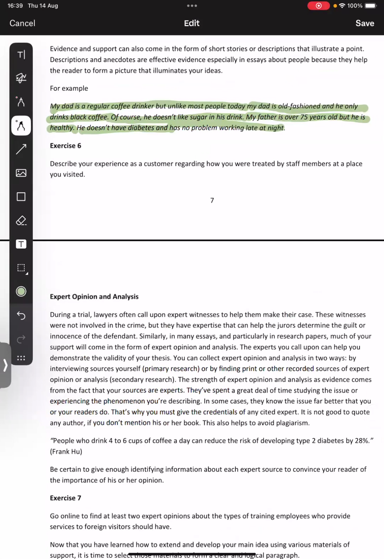Okay. Now, exercise 6: describe your experience as a customer regarding how you were treated by a staff member at a place you visited. All right, I'm going to give you guys 3 minutes to think about how you're going to tell a short story about your experience, maybe at a hotel or a restaurant that you visited a week ago, during your holidays, public holidays.